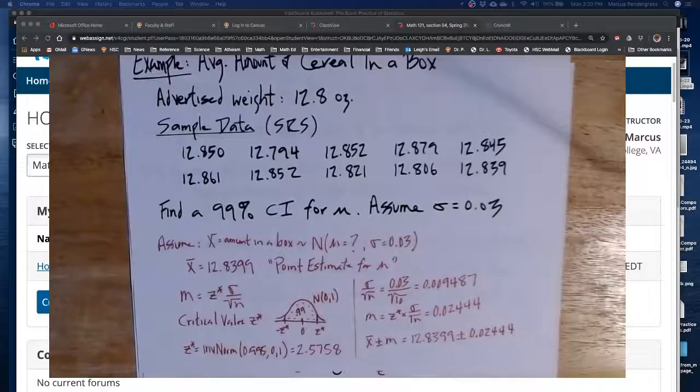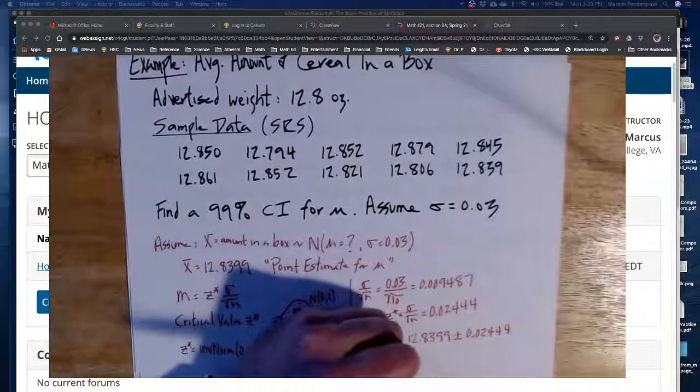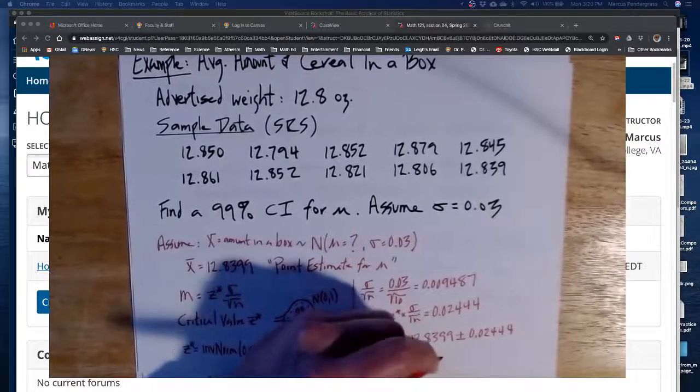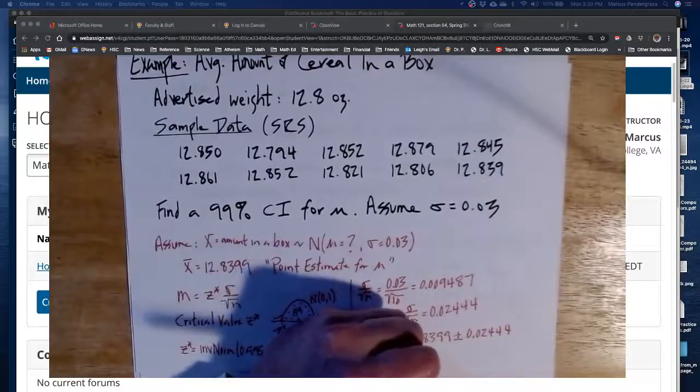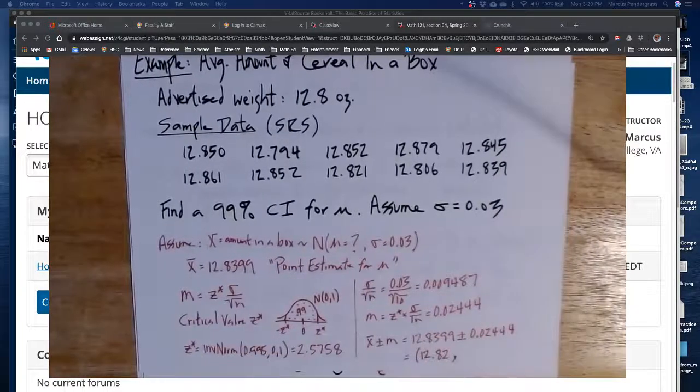And so, let's just work that out real quick. 12.8399 minus that 0.024 gives me a lower bound of 12.815.